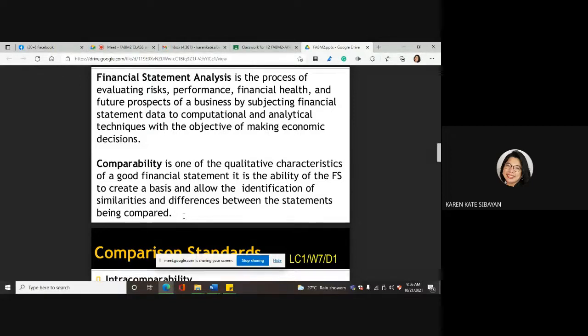Aside from that, kailangan mo rin i-compare yung, for example, nakagawa ka na ng year-end statement of financial position mo, kukumpara mo ngayon. Or yung financial statement mo from year 1, year 2, year 3, year 4. Ano bang trend? Increasing ba? Decreasing ba? Kung decreasing, mag-file ka na ng bankruptcy.